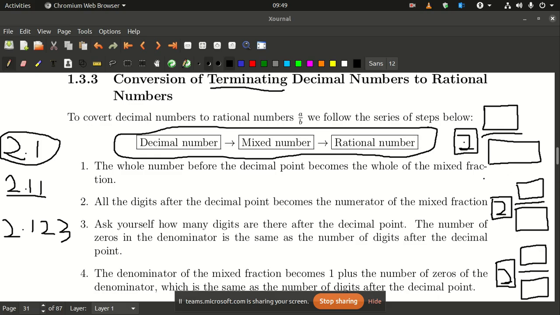How to get this 2 in front of this mixed number? You can bounce me up, thumbs up, whatever we call it.